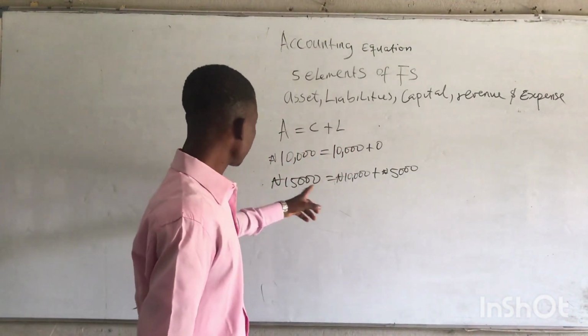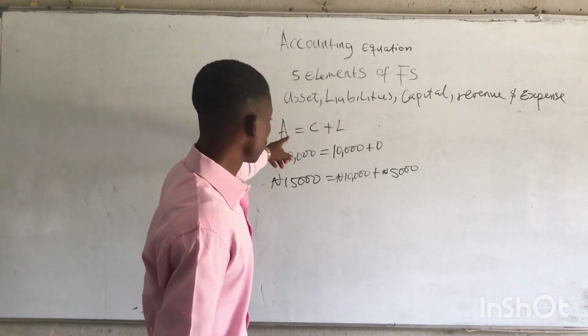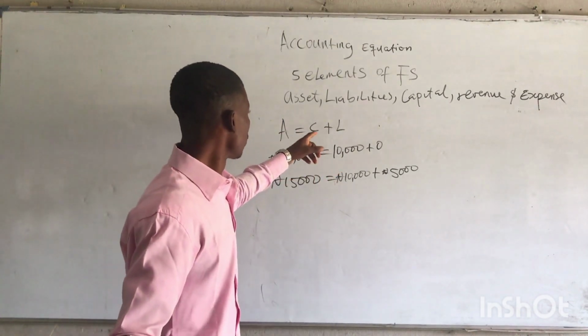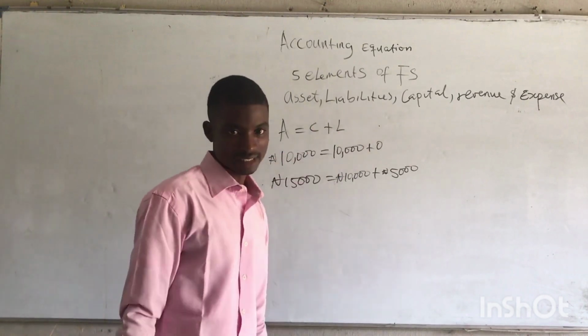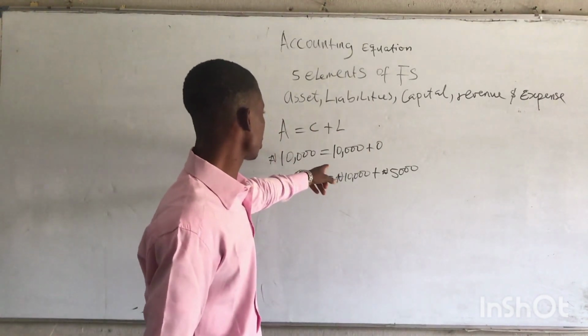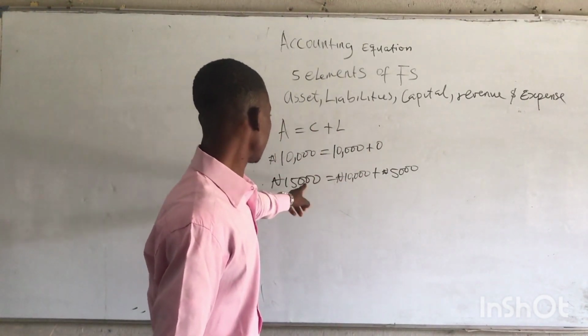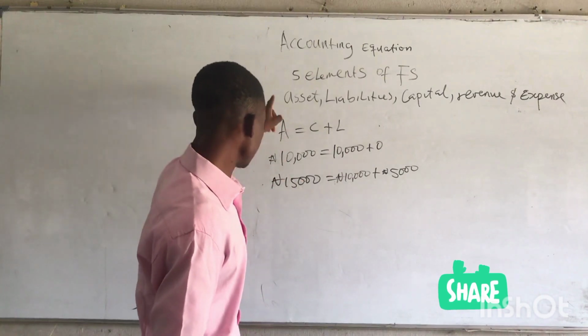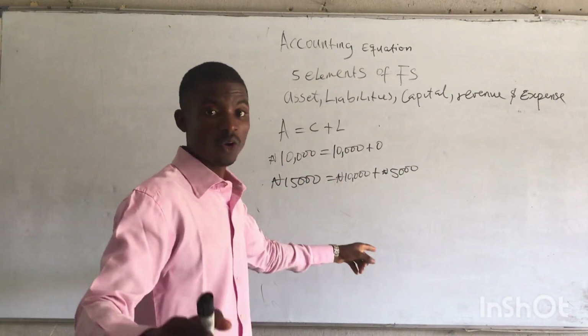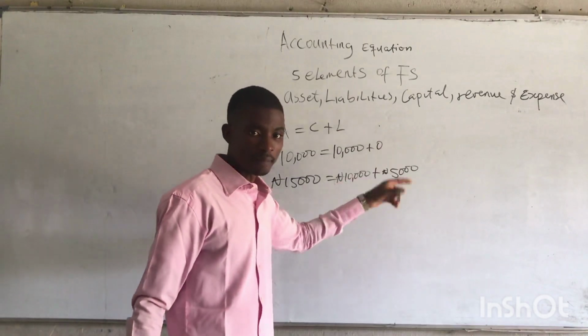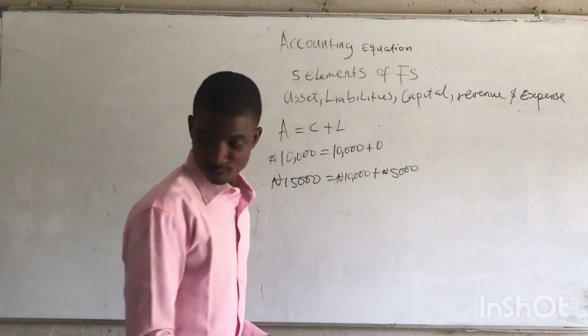So at every point in time, the value of the asset will always be equal to the value of the capital plus liability. This is what the accounting equation is trying to present: at every point in time, the value of the asset of a business concern should always be equal to the capital plus the liability.